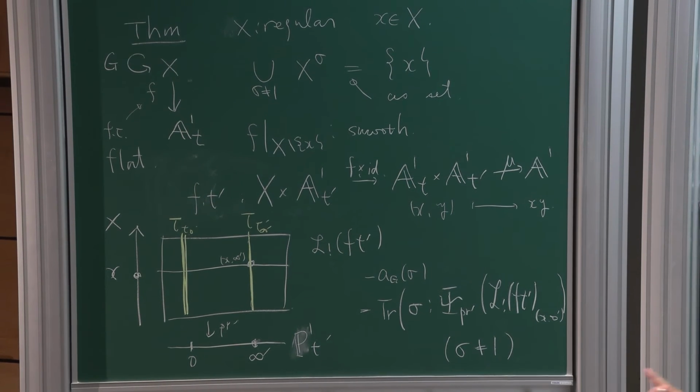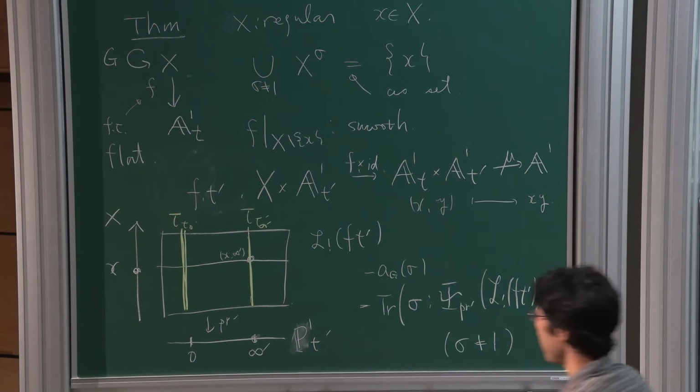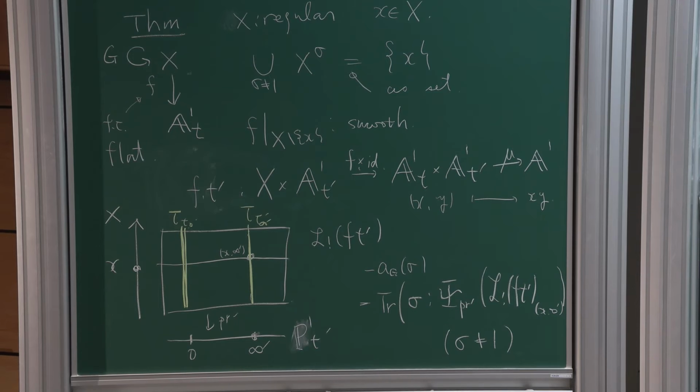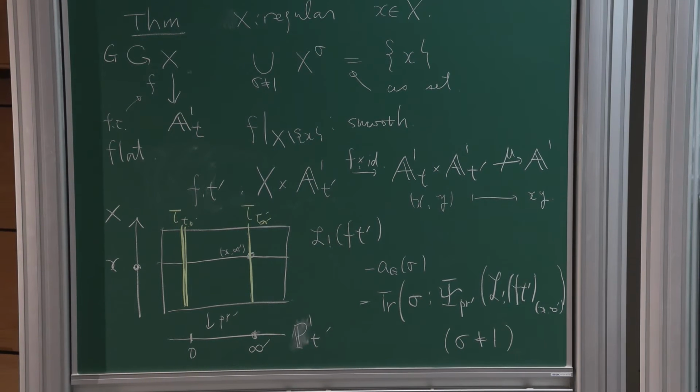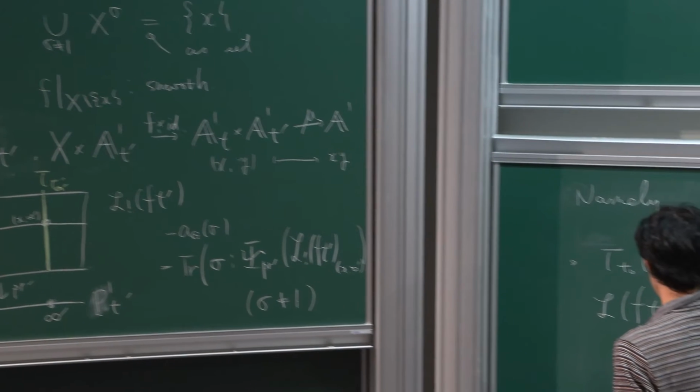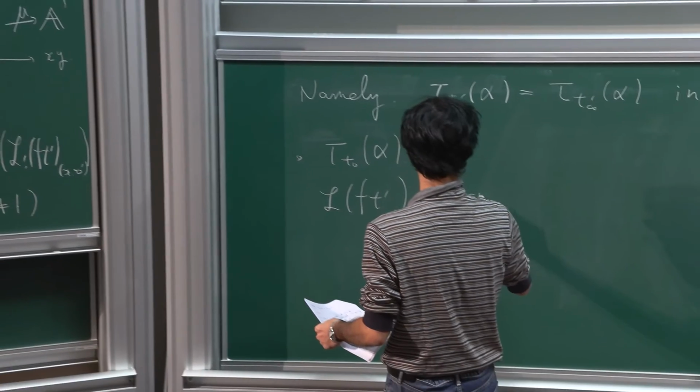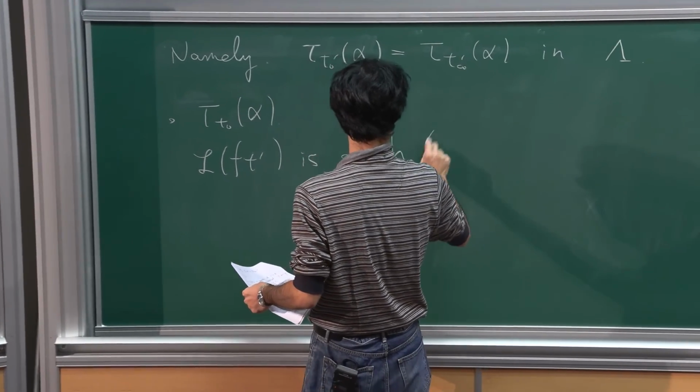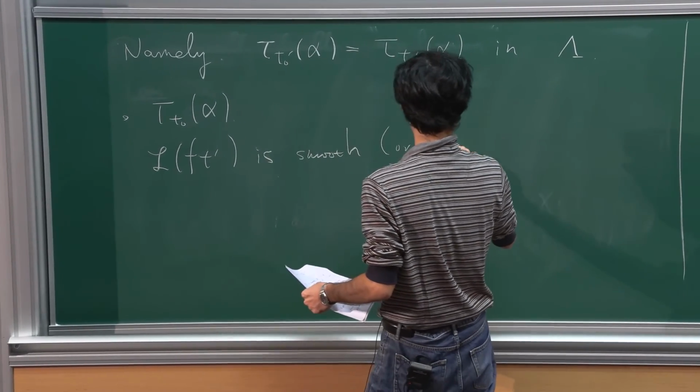And this T0 line, it's pretty easy to compute because this L ft prime is smooth, in other words, it's locally constant.